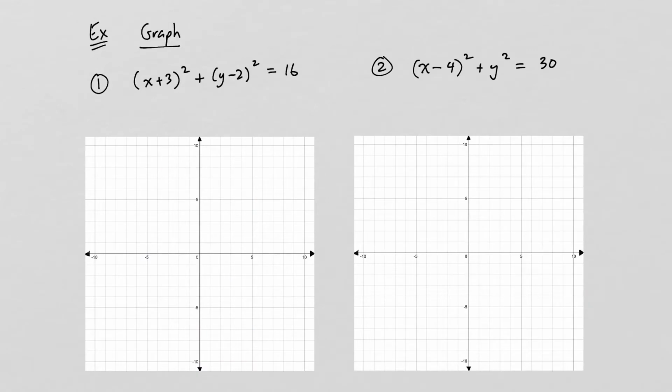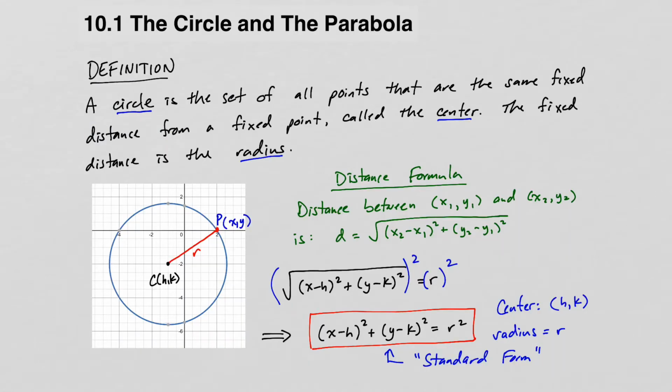Let's do some examples. So in example number 1 here, we want to graph the circle that has this equation. The first thing we need to do is find the center of the circle. The center of the circle can be obtained by simply looking at these 2 numbers here. Let's go back to our equation real quick. Remember, the equation for a circle is (x minus h) squared plus (y minus k) squared equals the radius squared.